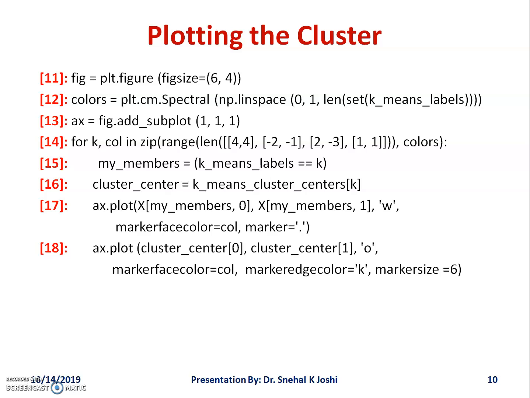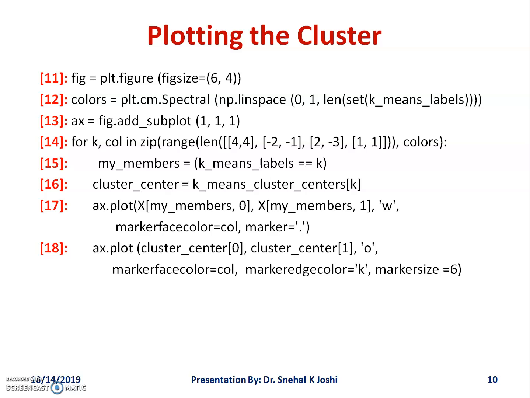Now let us create a plot using the add_subplot function as shown in line 13. Next step is plotting data points and centroids using a for loop. Since there are 4 clusters, the value of k will be from 0 to 3 as shown in line number 14.